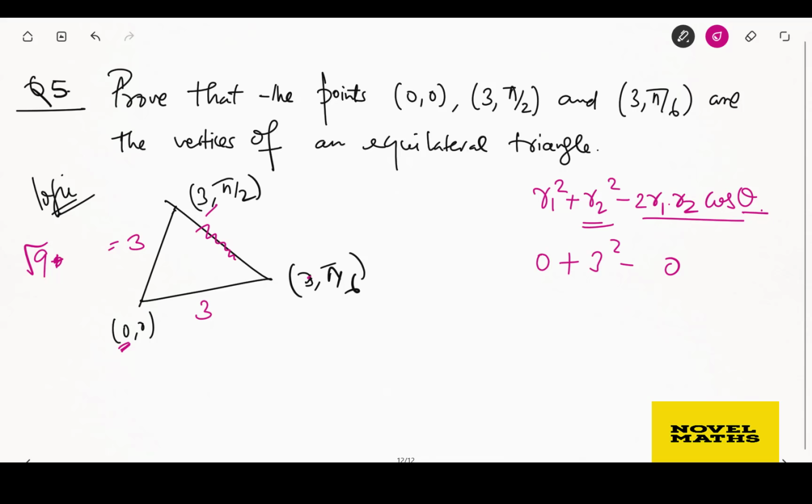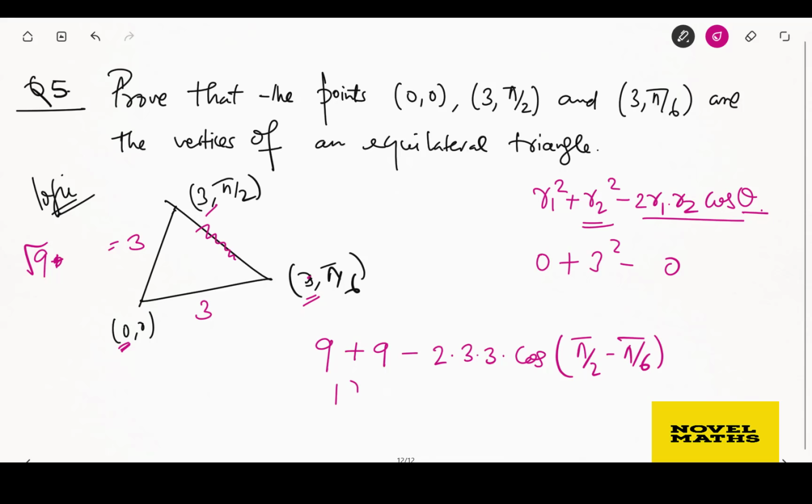This one we need to calculate a little bit, right? Because here none of the radii are 0, so this will be 9 plus 9, right? 3 square plus 3 square minus 2 times r1 into r2 and cos of this difference, right? Pi over 2 minus pi over 6.